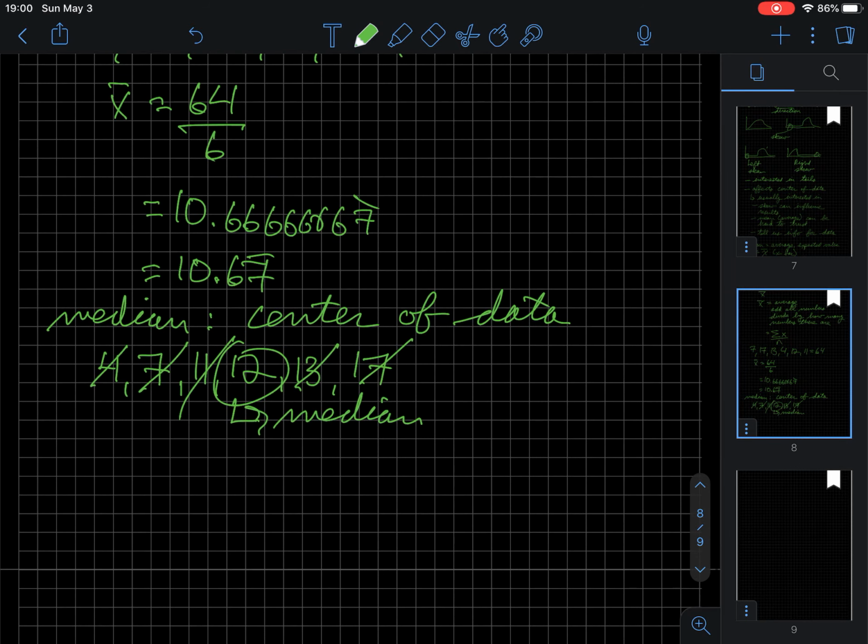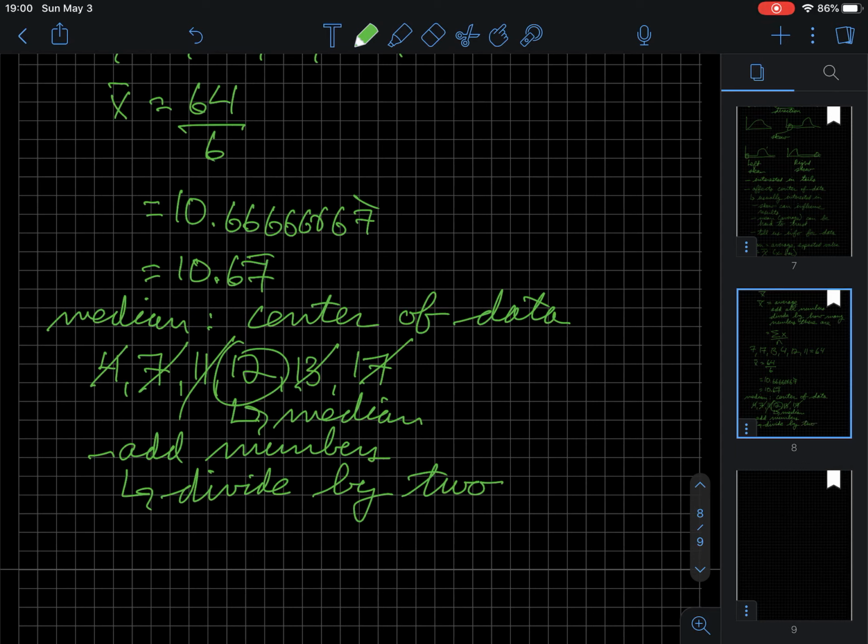But we also have this center issue. Usually what ends up happening in those situations is that you add the two middle numbers and divide by 2. In this case, that's 23, and what is that going to be?